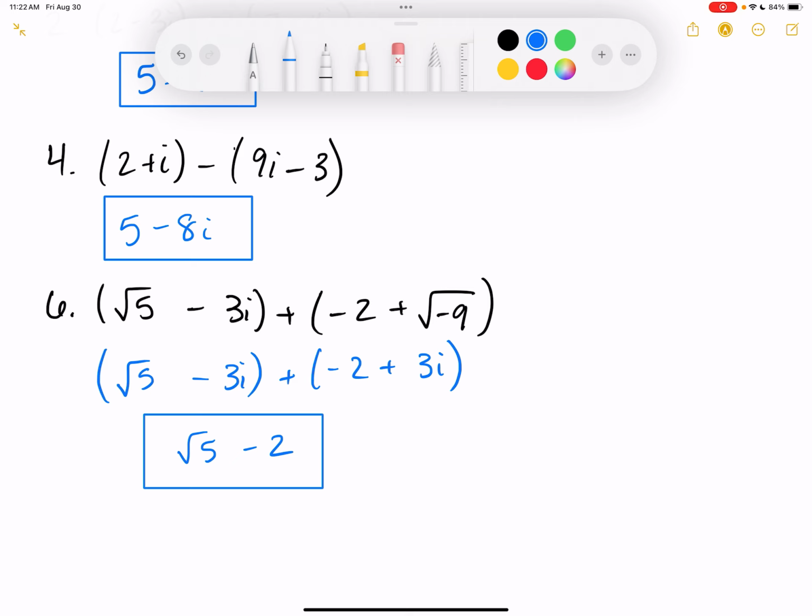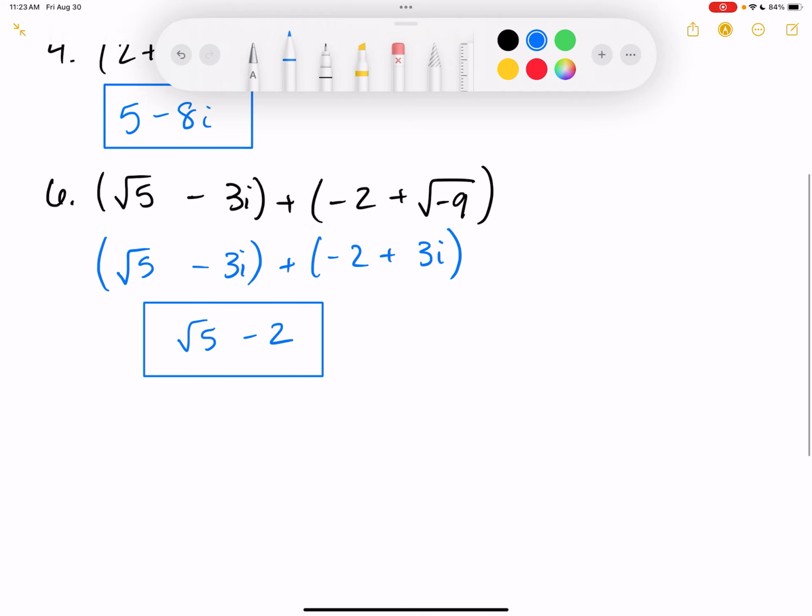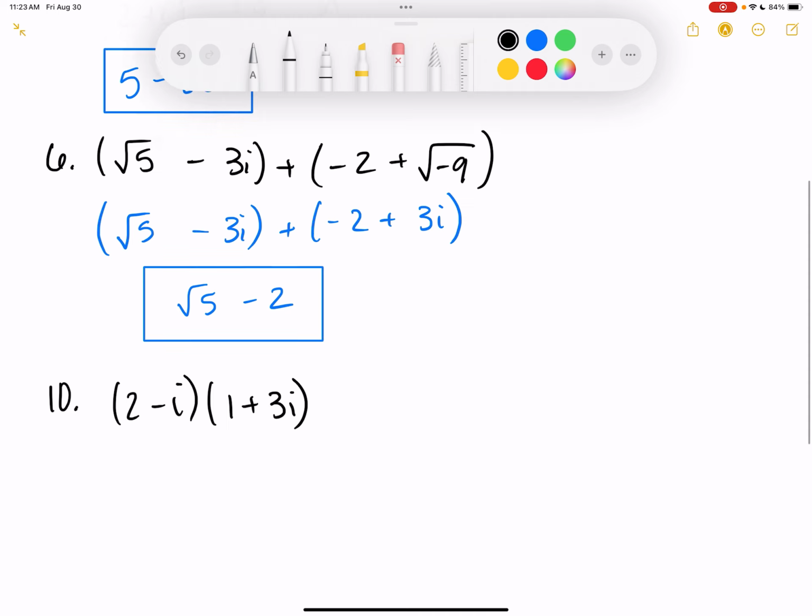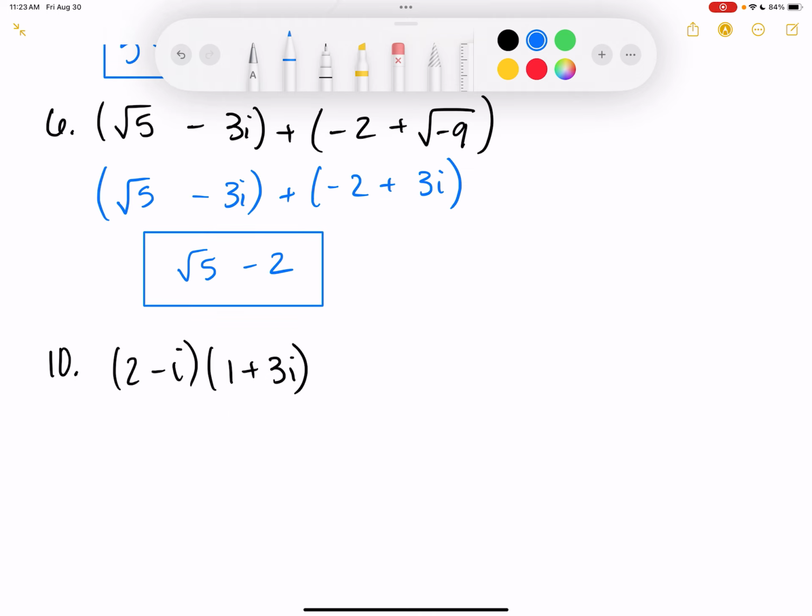All right, write the product in standard form without using a calculator. So now we're multiplying. So 10, I've got 2 minus i times 1 plus 3i. So when I FOIL, I get 2 plus 6i minus i minus 3i squared.